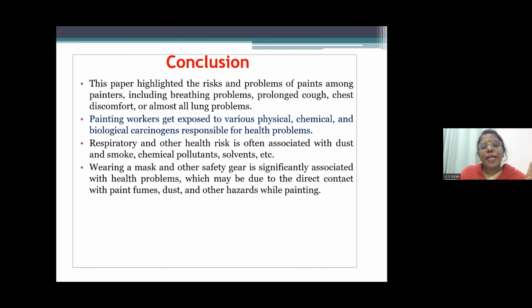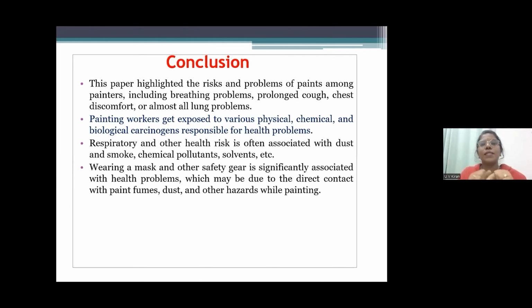So we have tried to explore the risks and problems of paints among the painters, especially the breathing problems, the respiratory health ailments. It was found that they've been exposed to many kinds of carcinogens which are responsible for the health problems. One more thing we have done here is, across the exclusion criteria, we have not taken a sample of people who are smoking or tobacco chewing.